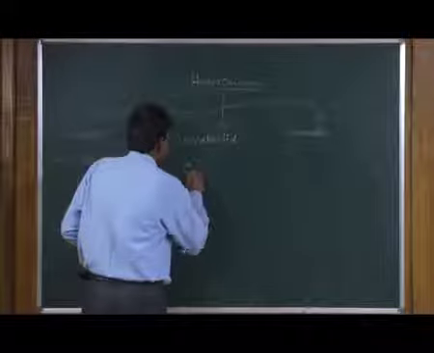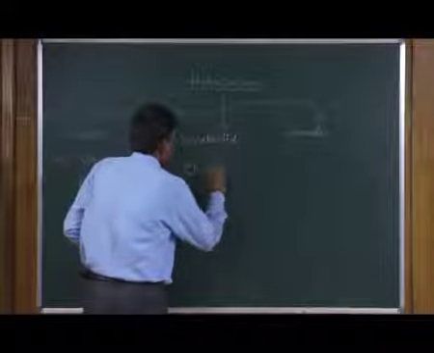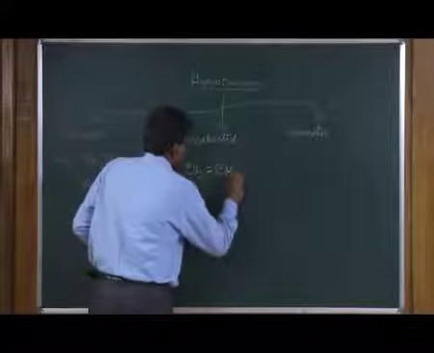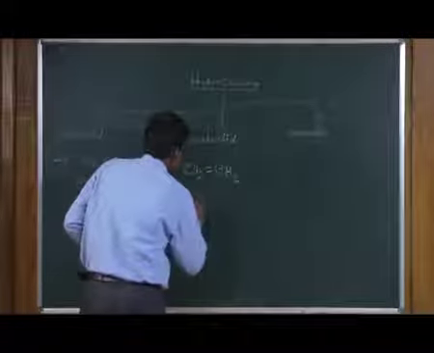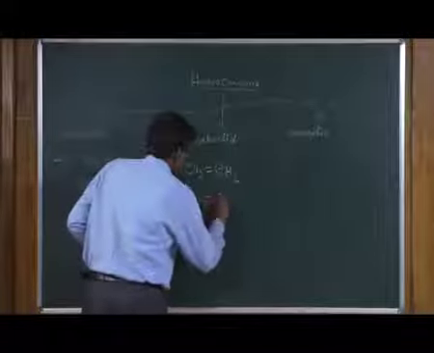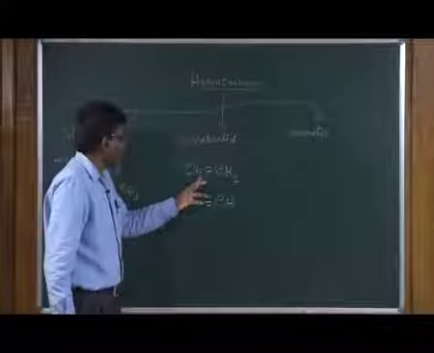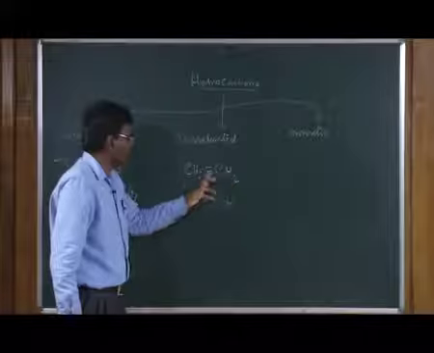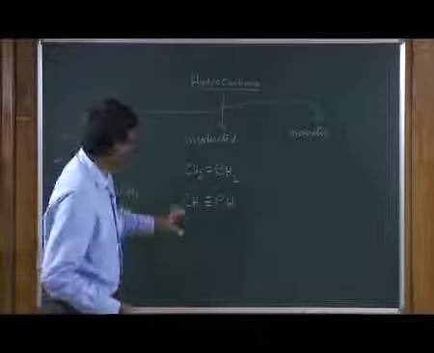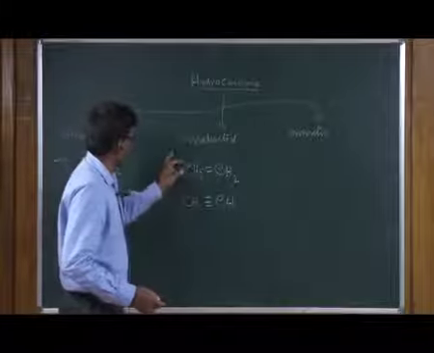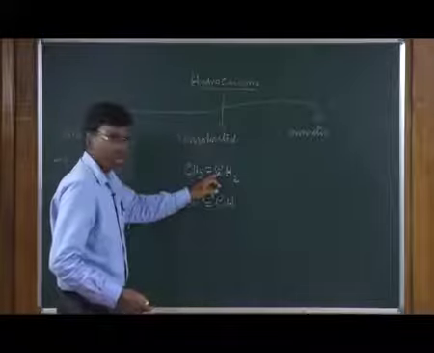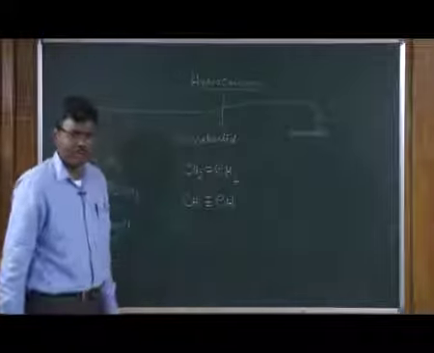Unsaturated hydrocarbons are compounds that contain carbon-carbon multiple bonds. For example, this molecule has a carbon-carbon double bond, so you can write it like this: carbon is bonded with 2 hydrogen atoms, again bonded with carbon, with a carbon-carbon double bond.